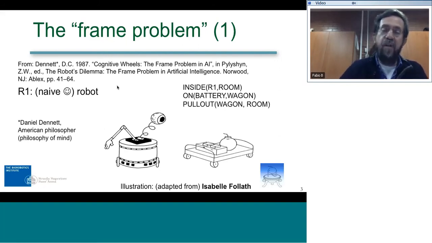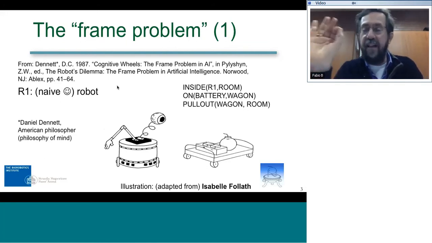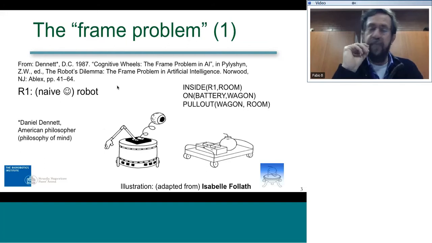In fact, working on a poor abstract thought model of a very similar situation, Dennett proposes this example.